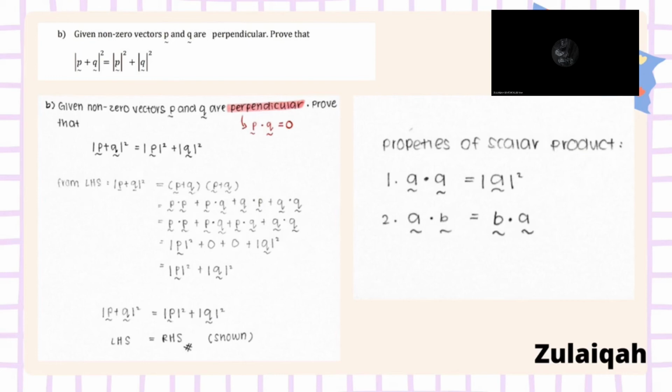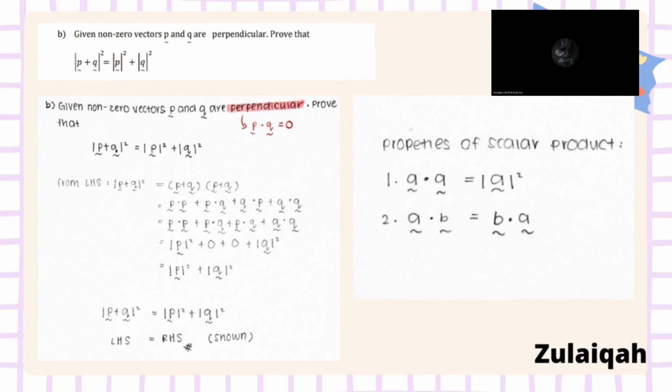So kita akan kembangkan P tambah Q tadi itu, kita akan dapat P dot P plus P dot Q plus Q dot P plus Q dot Q. Q dot P boleh kita assume sebagai P dot Q juga, dan di sini perpendicular P dot Q equal to 0, so dia kita akan sama dengan P dot P akan dapat modulus P square plus dengan 0 plus 0, and Q dot Q equal to modulus Q square.